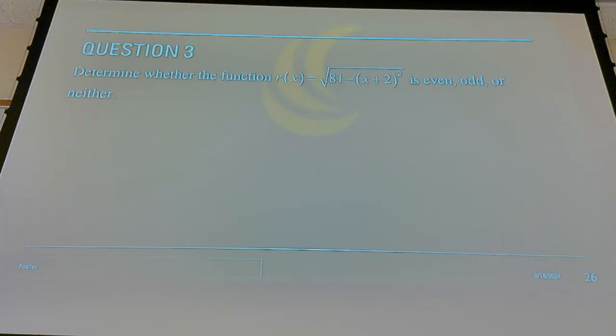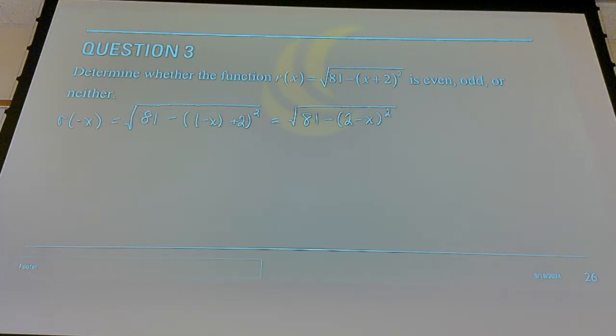R of negative x: square root of 81 minus the quantity of negative x plus 2 squared. Is that R of x?